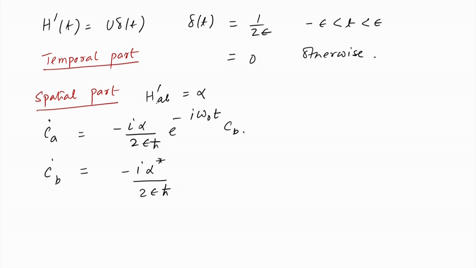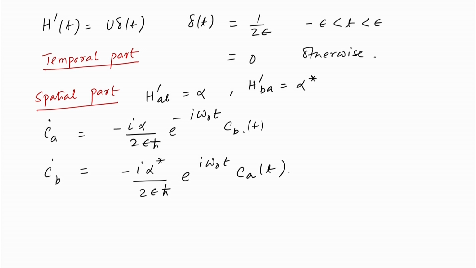So, alpha is equal to h prime a b, and h prime b a is equal to alpha star, and so this is equal to exponential i omega t and C a. These are of course functions of t.